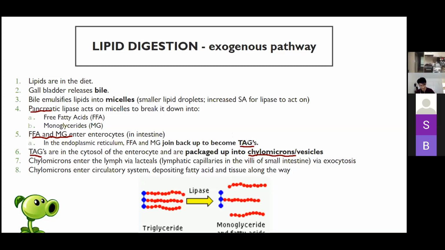They can't travel in the bloodstream by themselves, so they've got to get packaged up with proteins in order to travel in the bloodstream. That's what the packaging into chylomicrons does. That's really important, but you just have to remember that the lymph is involved. And yeah, they enter the circulatory system, and that helps them deposit the dietary fat into our tissues.